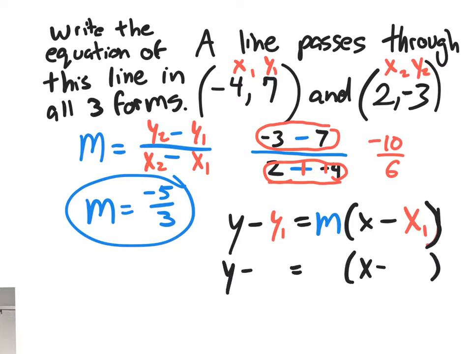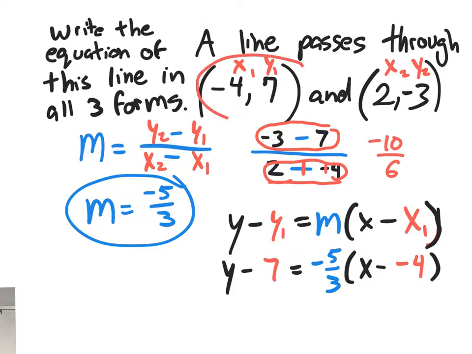So what is my y1 value? That goes right here. 7. There we go. Put a 7 right there. How about the m value? Negative 5 over 3. And what's our x value? Negative 4. Now, okay, somebody said 2. It's good that we emphasize that we're picking one point.